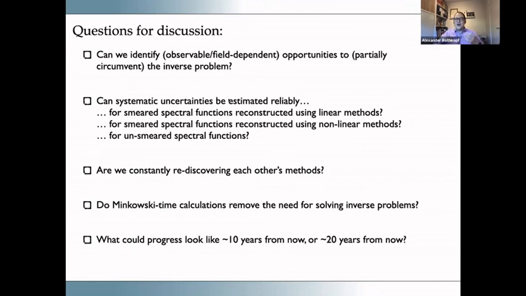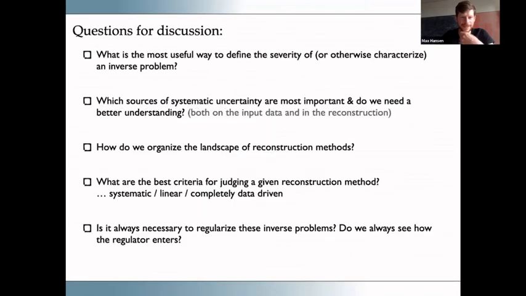I hope that would give us another viewpoint, which hopefully not only would help the Bayesianists better appreciate what you are doing with the linear methods, but might also help us in the cataloging of systematics, for example. Yeah, certainly. I think that really goes to this question about organizing the landscape of methods. Yeah. One can see them as different cases in this bigger picture.